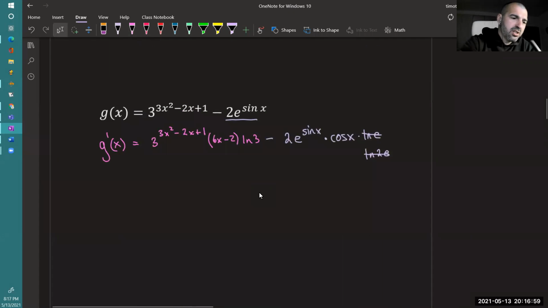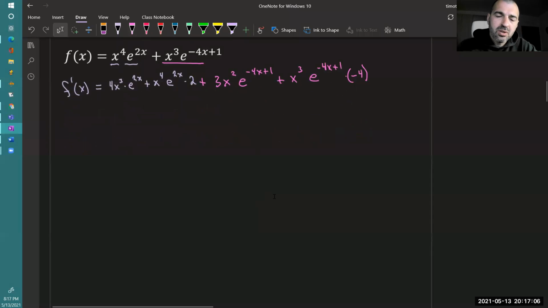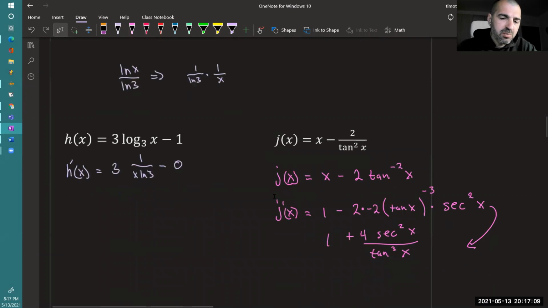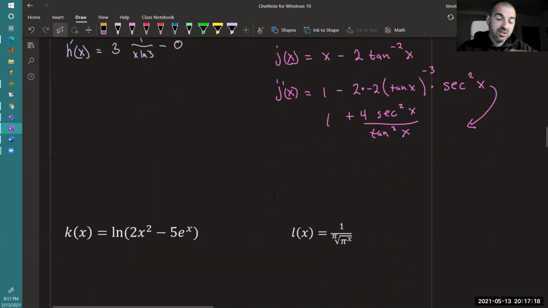I just leave them as they are, because at this stage we're really testing students on whether they can successfully maneuver through a derivative, and not whether they can simplify it after they've gotten it. That's something we would test at different times. So I'm just going through these derivatives without simplifying them.